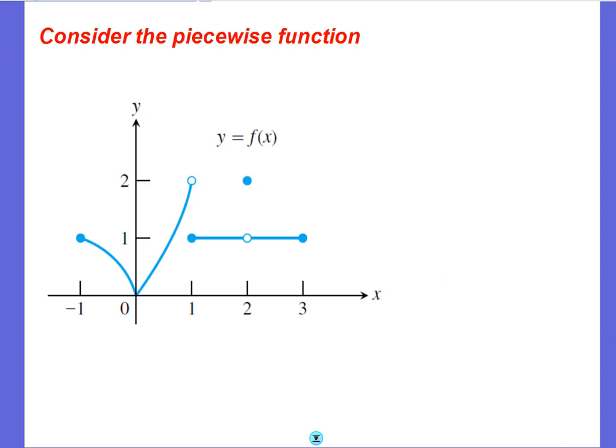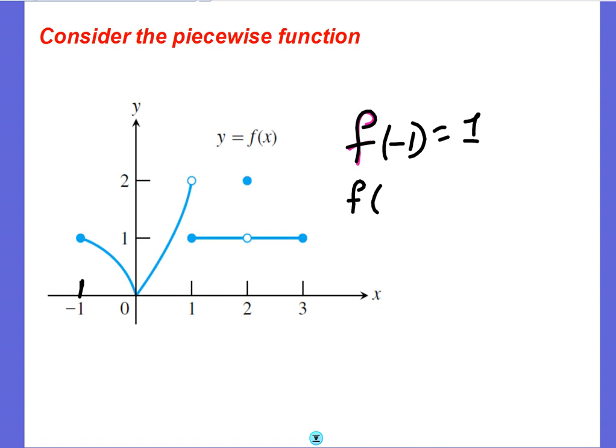Okay, how about this one? For this one, you can see that f of -1, for example, is 1.